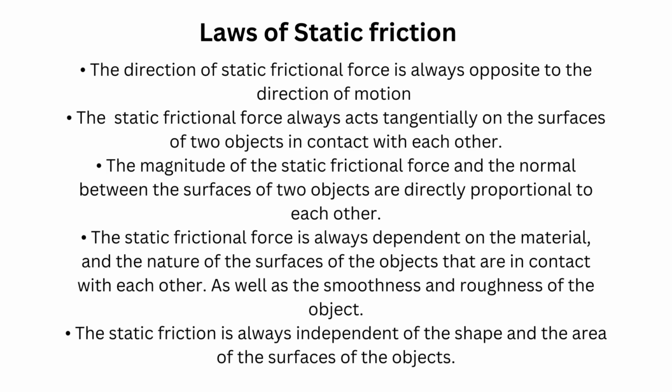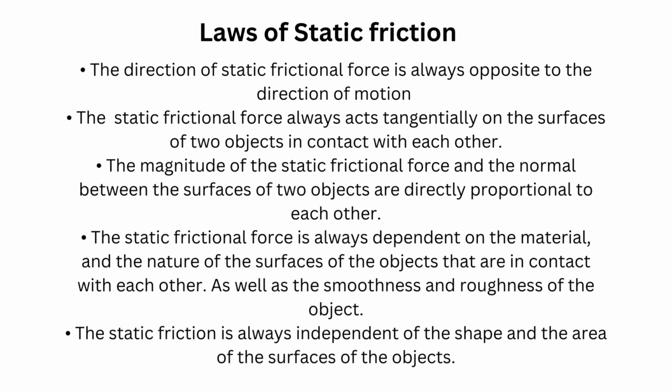Now let's just look at the laws of static friction. Generally, the direction of static frictional force is always opposite to the direction of motion. Static frictional force always acts tangentially on the surface. We have seen that of two objects in contact with each other. The magnitude of the static frictional force and the normal force between the surfaces of two objects are directly proportional to each other.